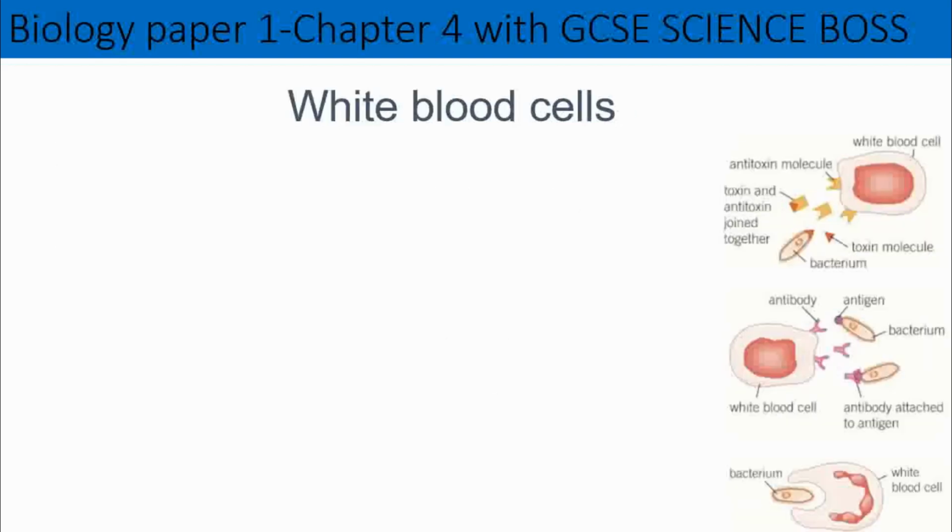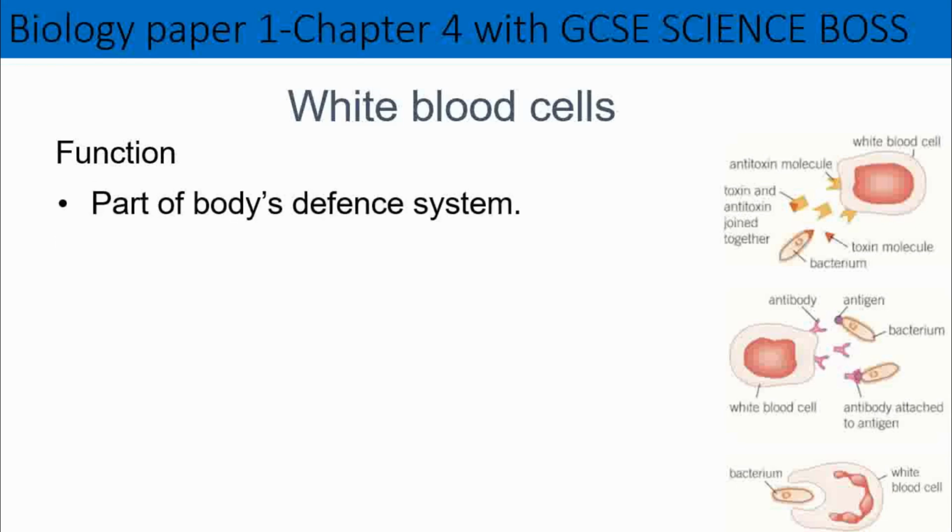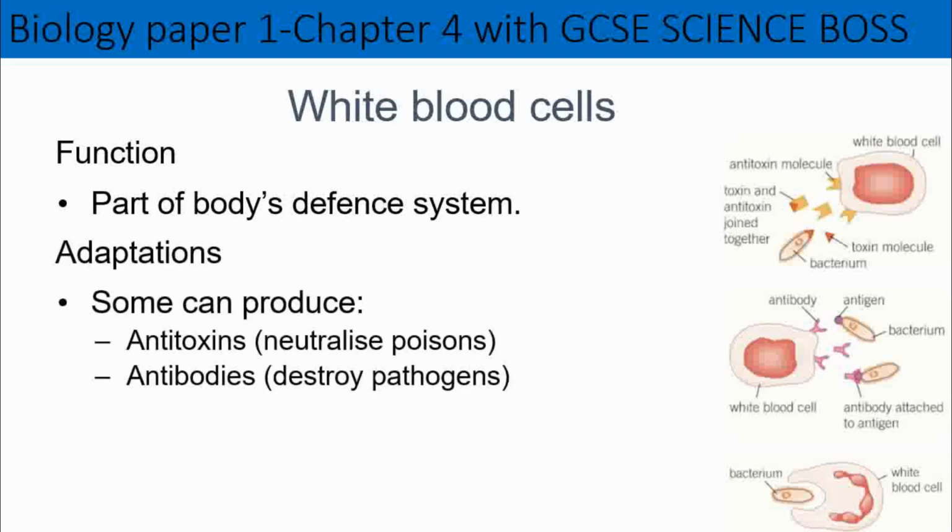Too easy. Let's go. So next up, we're looking at your white blood cells. Now you have different types of white blood cells, but the main function of the white blood cell is to protect the body. And what are the adaptations? Some of them can produce antitoxins, which neutralize the poison. So you have your antitoxin right here, which neutralizes the poison. Then some of them will produce antibodies, which destroy the pathogen.